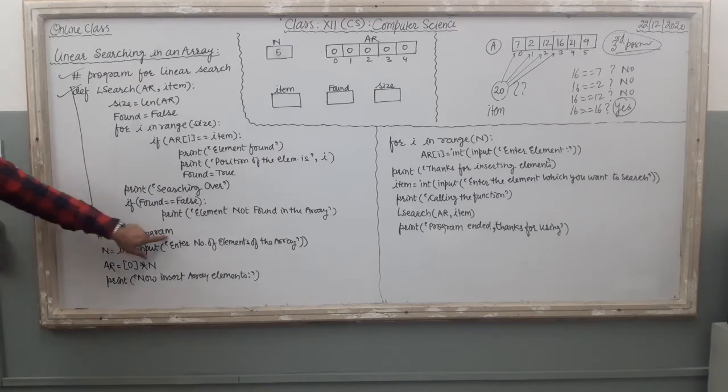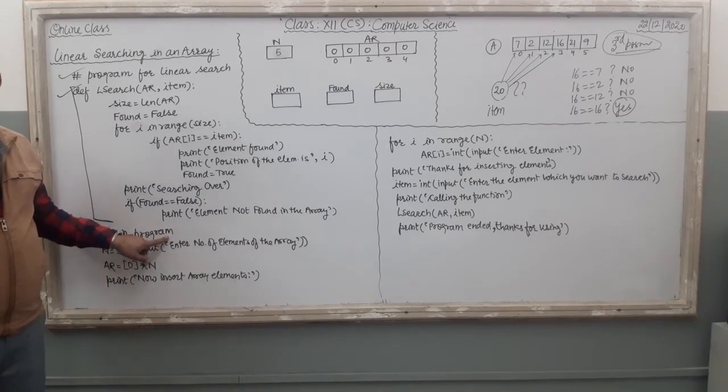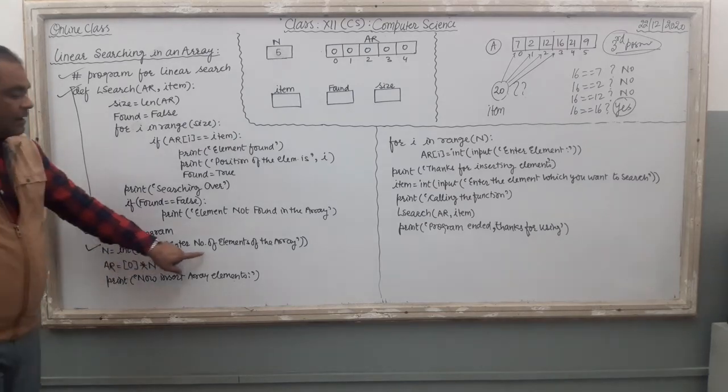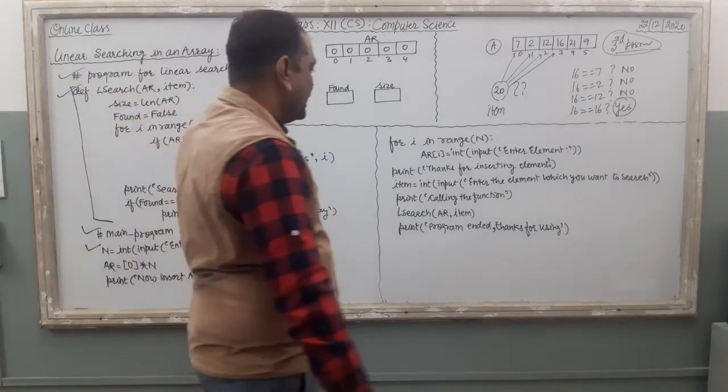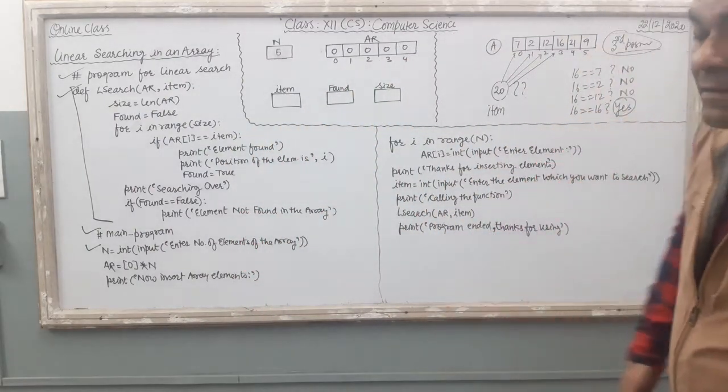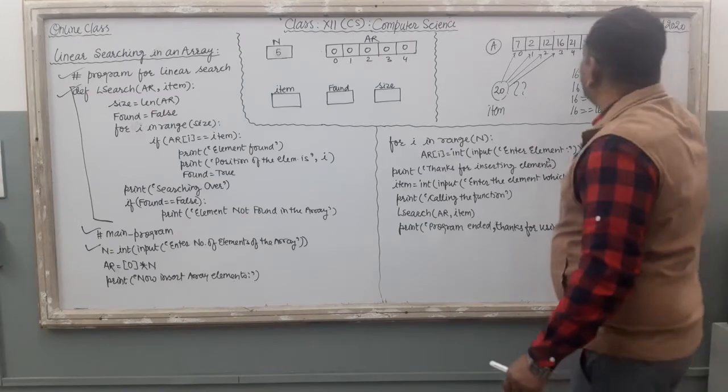From here main program started, right? Main program, then the next line, this one, n equal to integer input, enter number of elements of the array, right? Means how many elements you want to insert in the specific array.